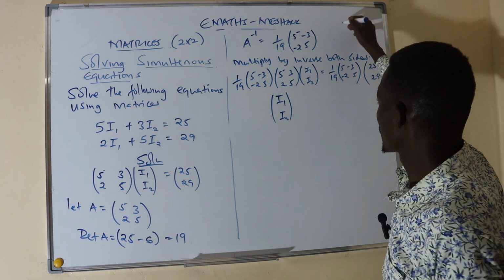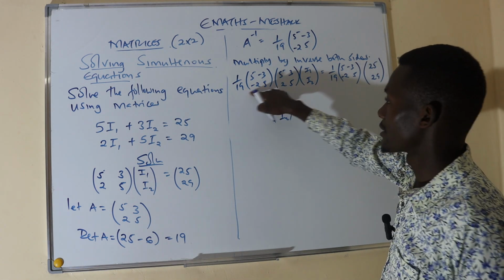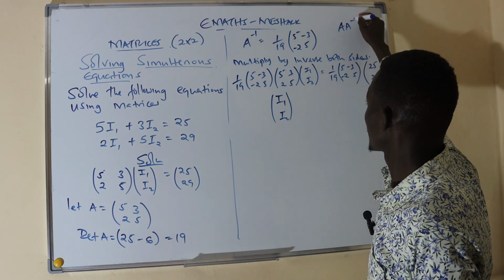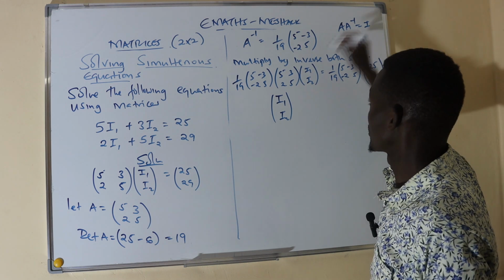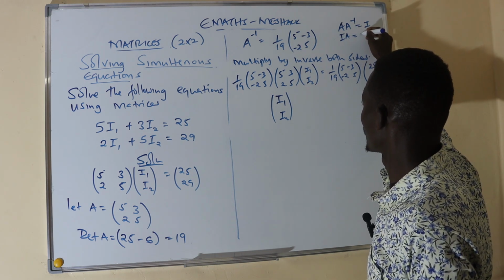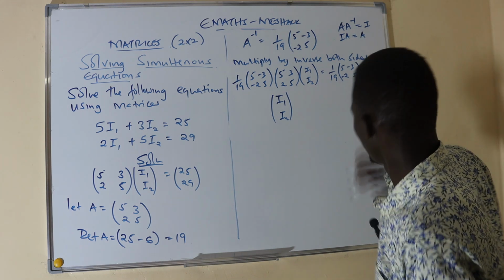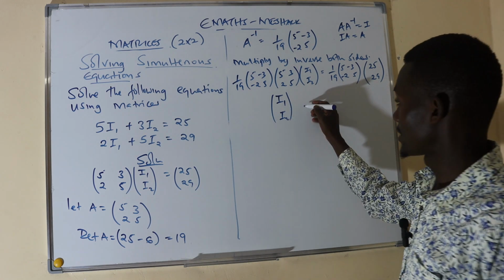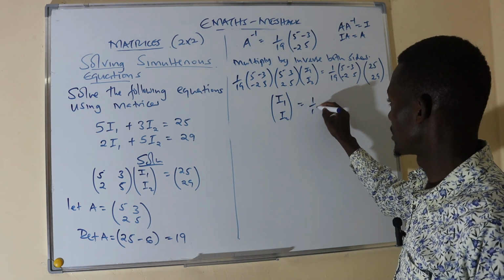You can note this down to verify why it becomes I1 and I2: A inverse times A gives the identity matrix, and the identity matrix times the matrix gives the matrix itself. So this side becomes that, and on this side we shall have 1 over 19.